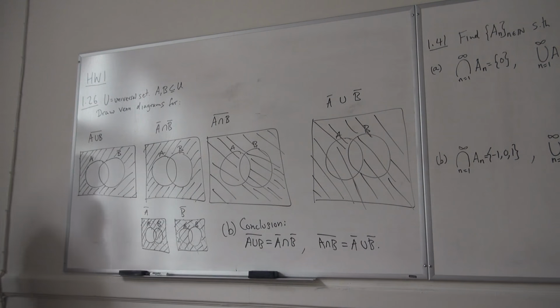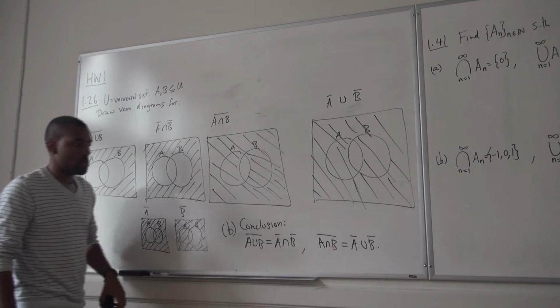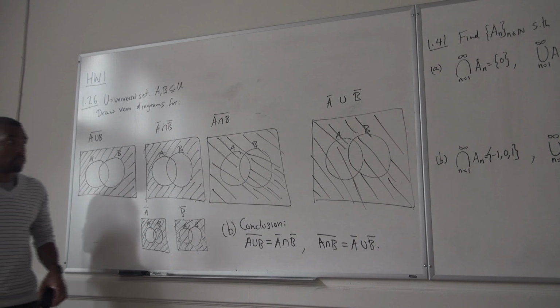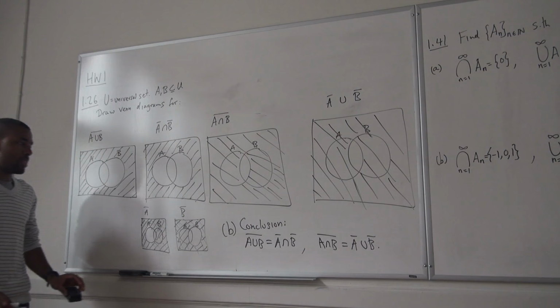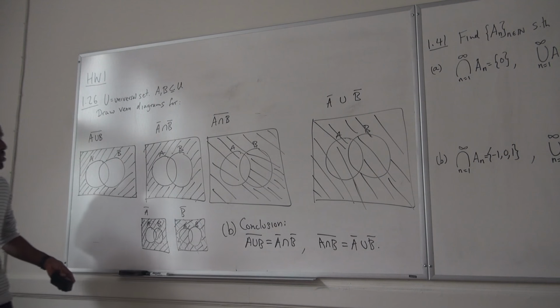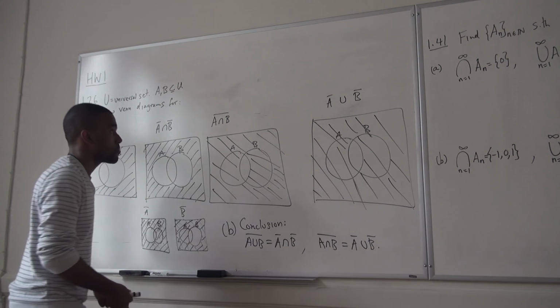Pictures are not enough for proof, but based on what you've done, that would be a guess of yours. These are actually called De Morgan's laws, and you can actually prove them, but you wouldn't prove them with a picture. We'll talk about how you prove them later when we talk about proofs. So chapter 3, we can come back and see how you actually prove those.